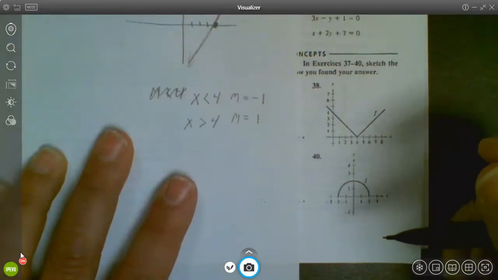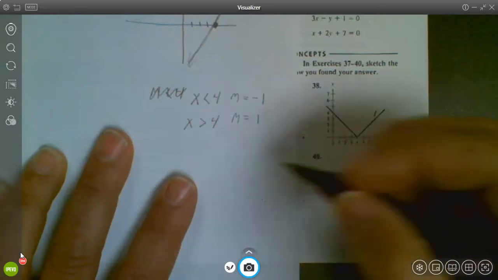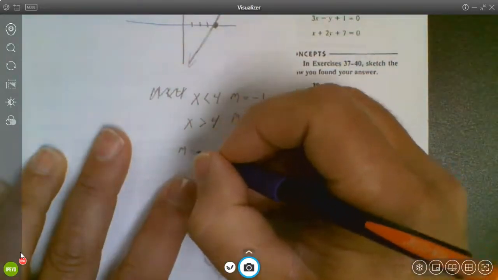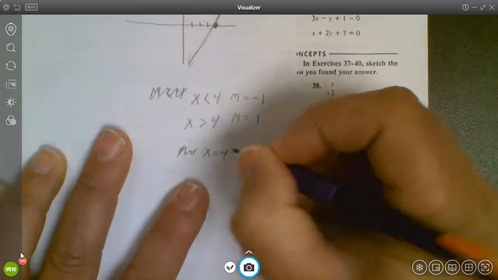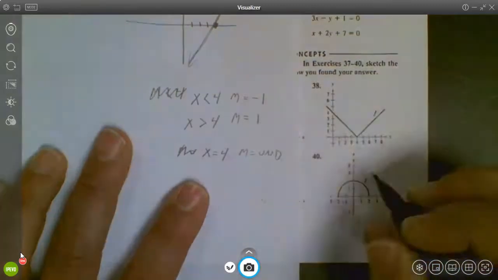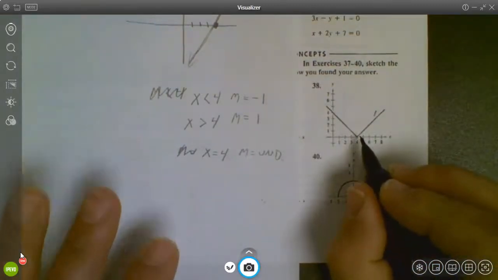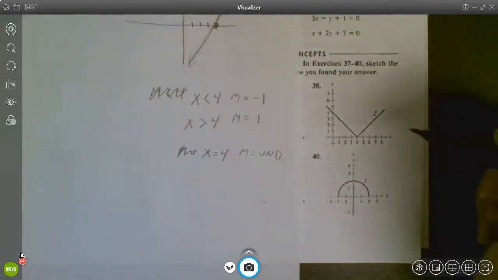I don't know that that was well explained yet, but that's what we're seeing. So where x equals 4, my slope is undefined because you cannot draw a tangent line to represent a slope at this kind of point on a graph. It would need to be curved or linear like this.